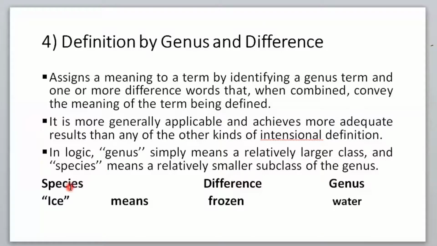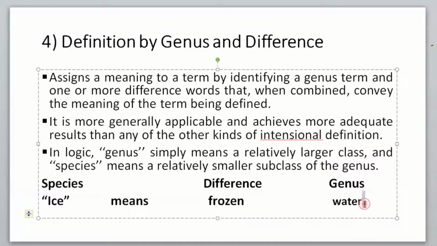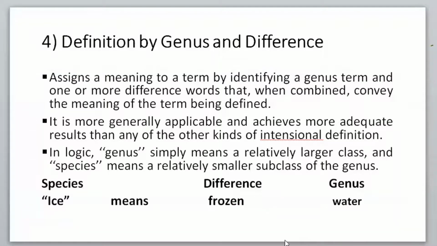So here, the species is ice, the smaller subclass of water. Water is a relatively larger class than ice, because it includes not only ice. Here the difference is frozen. What makes the water icy? That the water becomes frozen. So the difference is frozen. So defining ice through its genus and difference can be shown in this way.